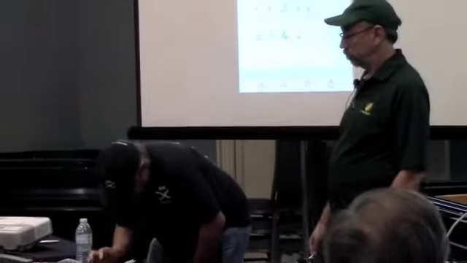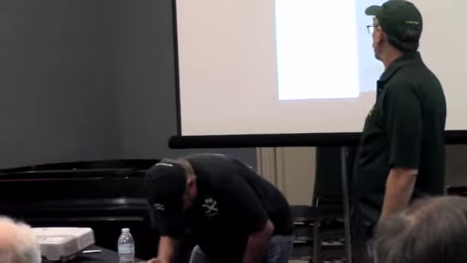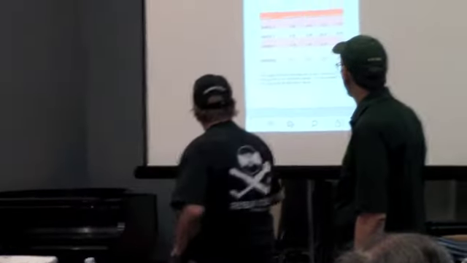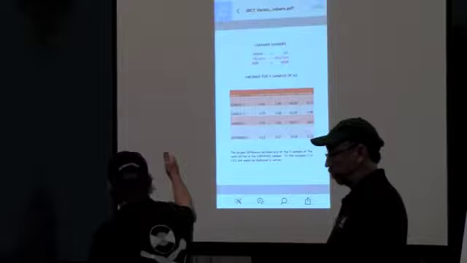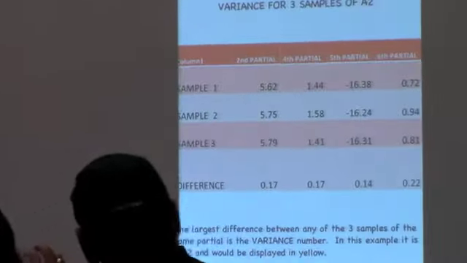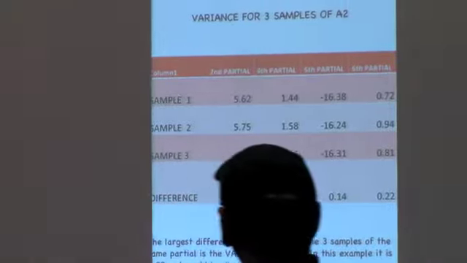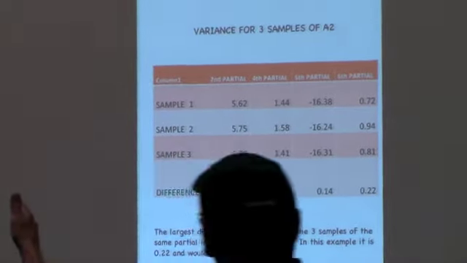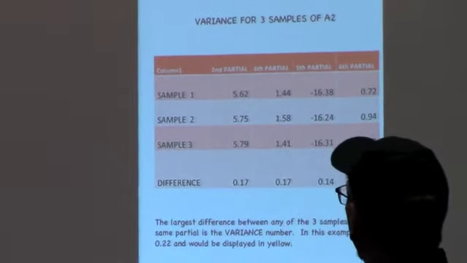What these variance numbers are is, now, this is the note A2. I don't know if you can see the numbers, if they're big enough yet. And what happens is, at the second partial, we play it 3 times, we get 3 numbers. At the fourth partial, we play it 3 times, we get 3 numbers.